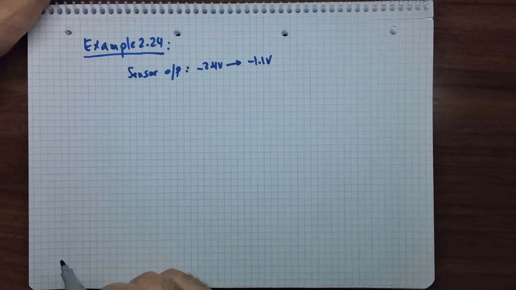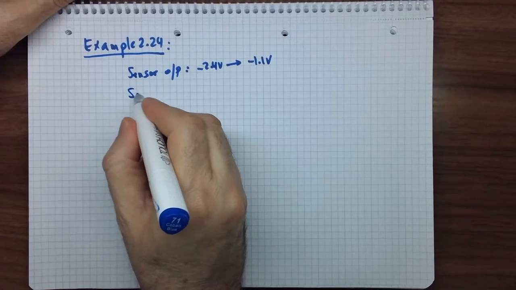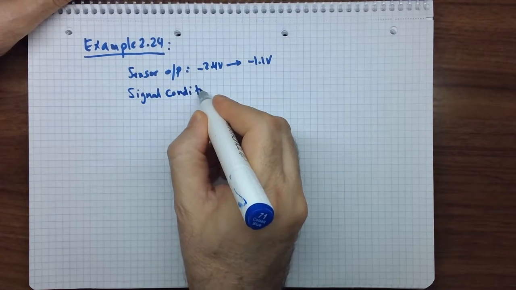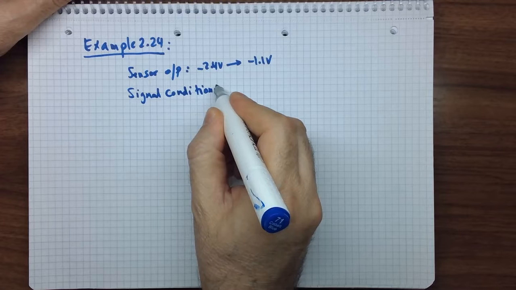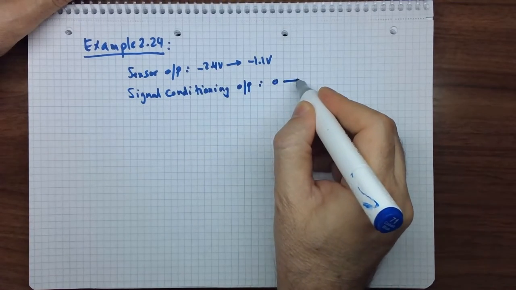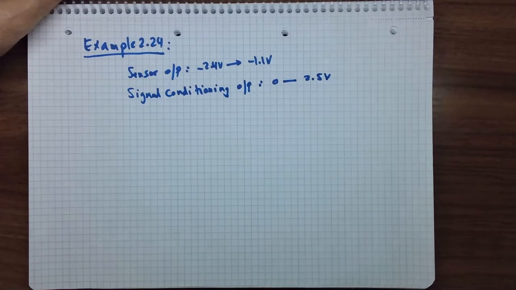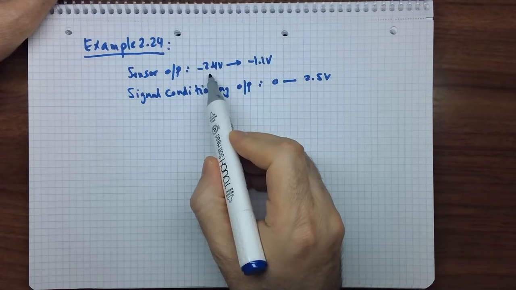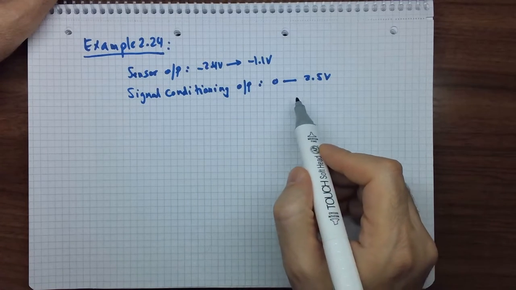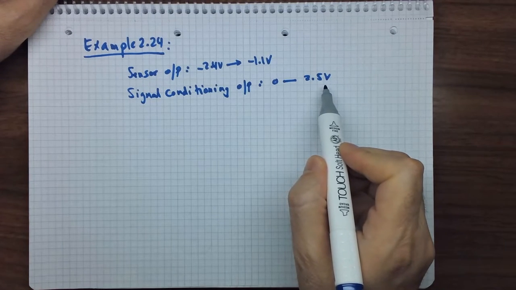The signal conditioning circuit output is from 0 to 2.5 volt. So we need to design a signal conditioning circuit that has an input from minus 2.4 to minus 1.1 volt. The output of the circuit is from 0 to 2.5 volt.